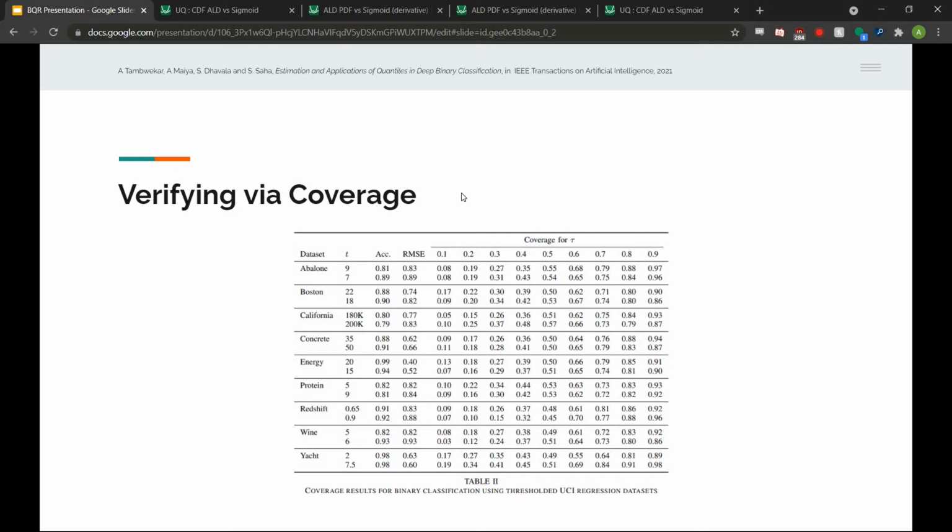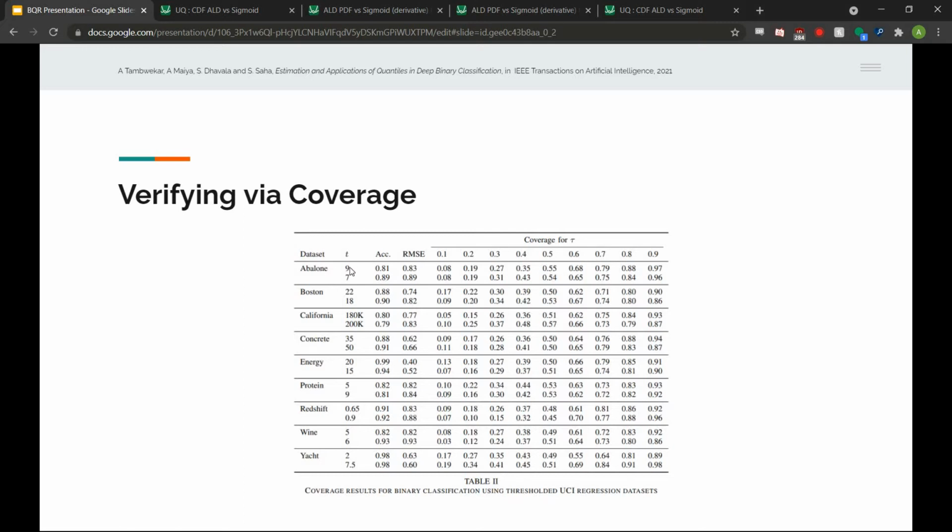And what we did was we computed this coverage value. We saw what percentage of points lie below the generated quantile and what percentage of points lie above the generated quantile. And what you expect to see is that the value should be close to tau in each case. And we found that for the most part, this is true. And it holds true for a variety of data sets under a variety of conditions as well.